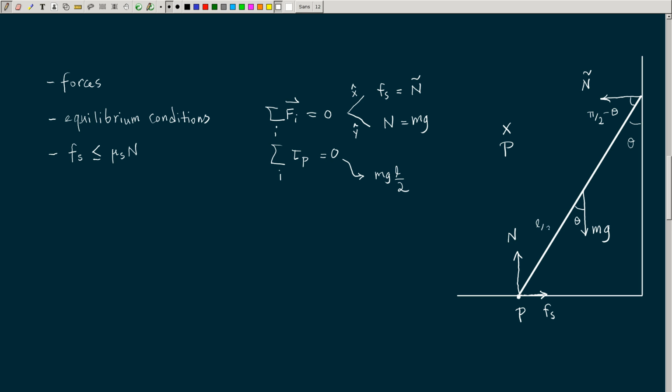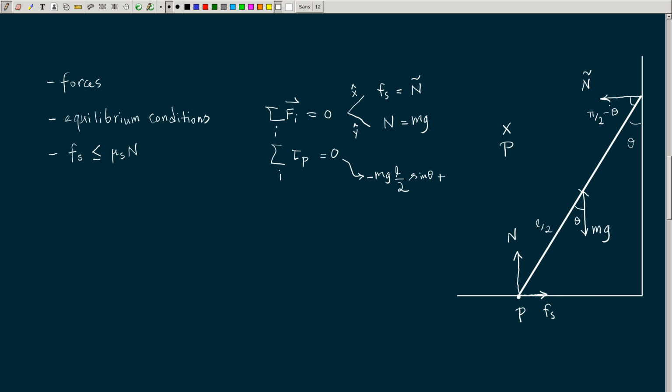This is L over 2 from here, the center, because it's a uniform ladder. It's a uniform ladder so the center of mass is sitting at the center. This is L over 2 sine theta plus, okay, this one, mg, is rotating it in the clockwise direction, so let's call this one actually negative. The counterclockwise direction coming from n twiddle is positive.